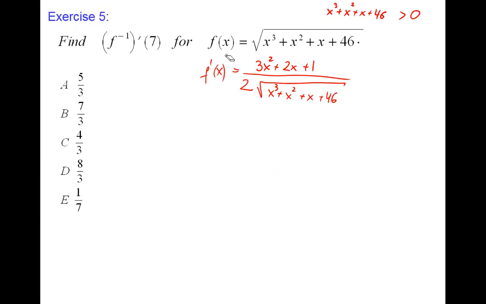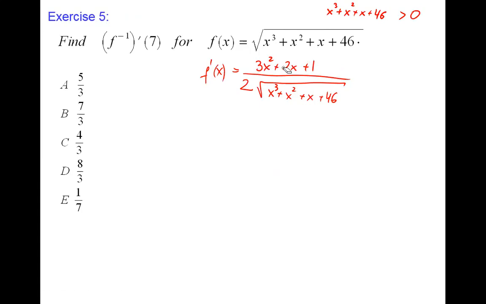Looking at the derivative, I definitely see that the denominator is positive based on the domain. And I'm assuming that this quadratic function must also be positive. It's a parabola opening up because the leading coefficient is positive, and I believe we don't have any critical points.